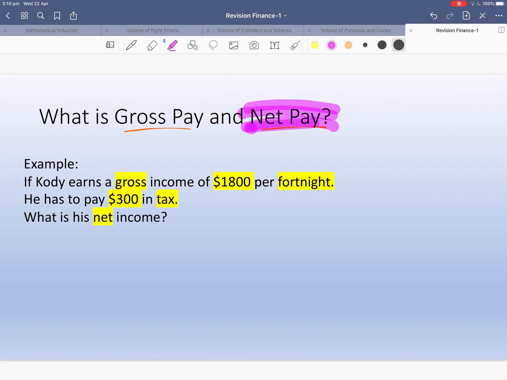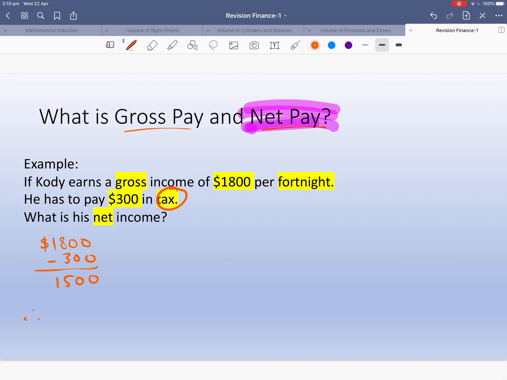So if Cody earns a gross income of $1,800 per fortnight, he has to pay $300 in tax. What is his net income? So we grab the gross income. This is how much he's signed on to get paid, but then the government comes and takes away $300 in tax, and we get $1,500.